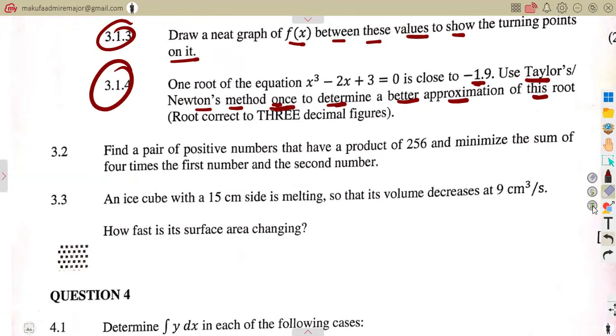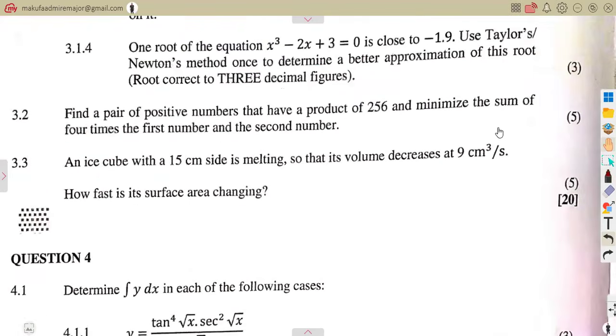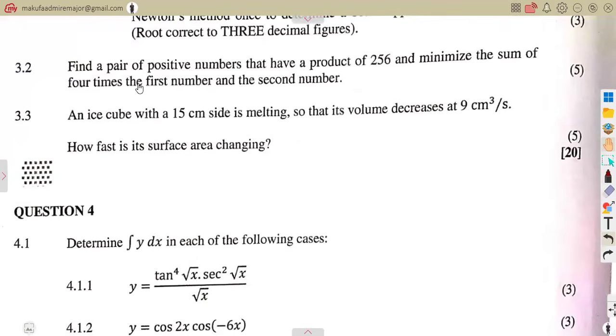All right, then 3.2, you are given: find a pair of positive numbers that have a product of 256 and minimize the sum of 4 times the first number and the second number. Okay, let's get our statement here. We are given there are two positive numbers, a pair.